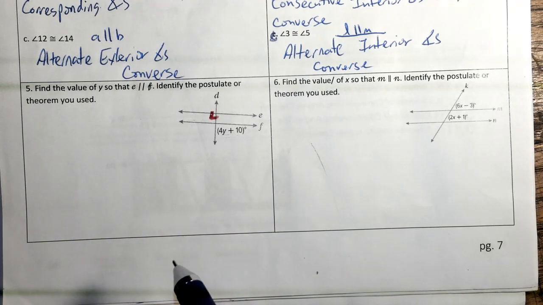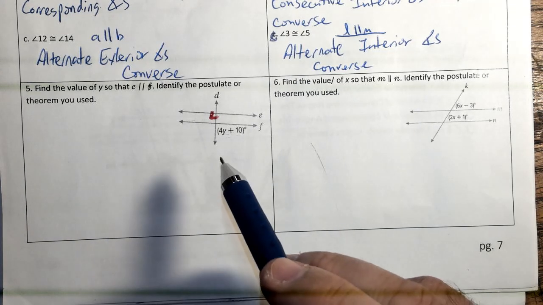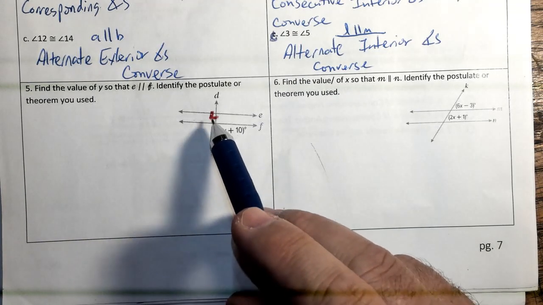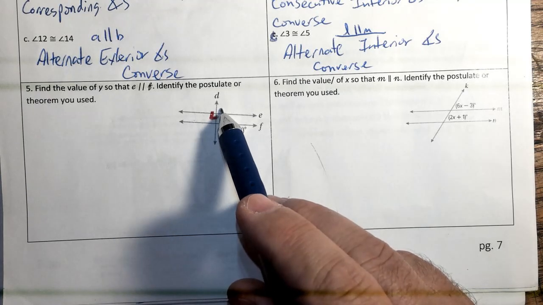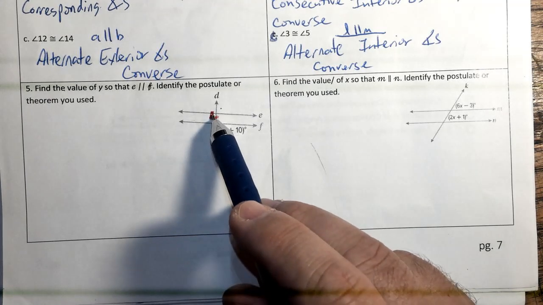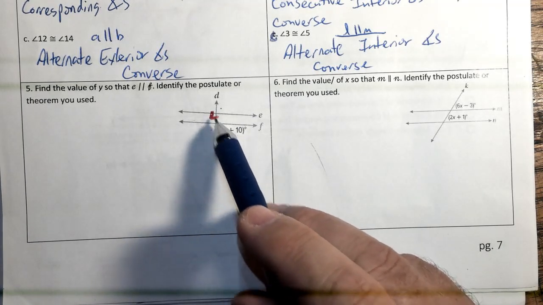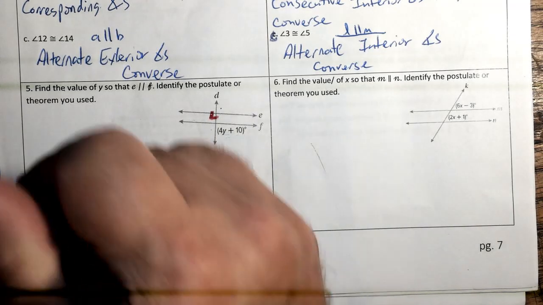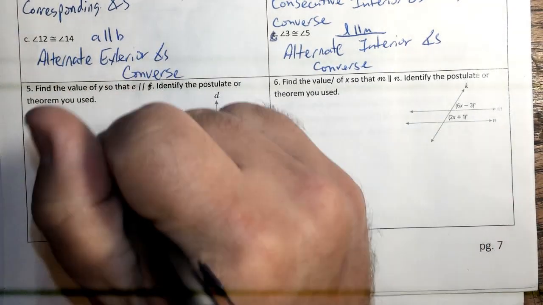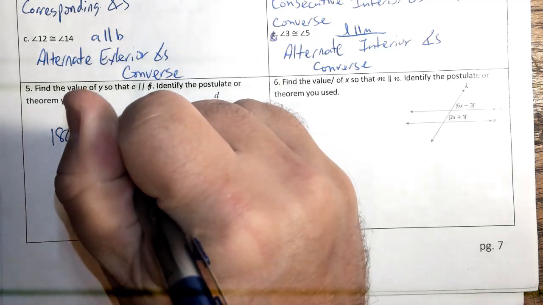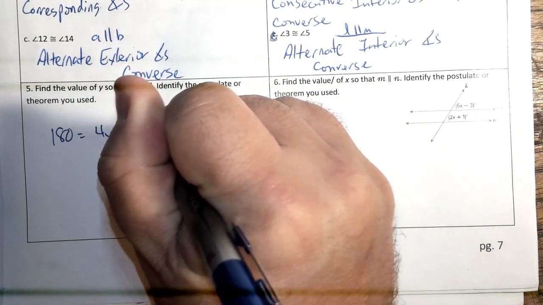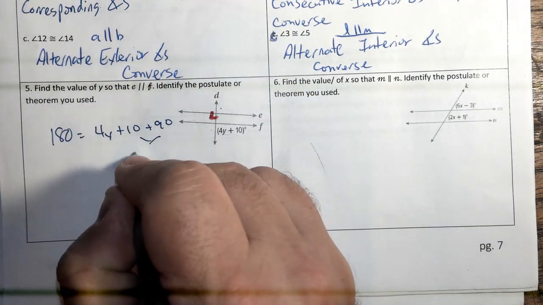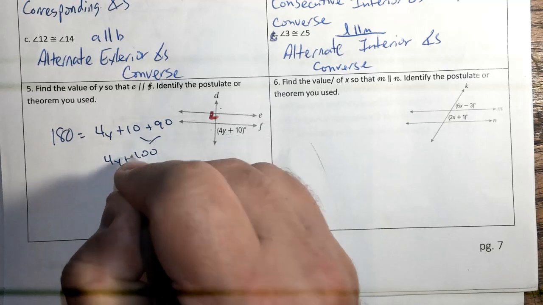As a matter of fact, I don't know that I have the theorem. But I know that this would be congruent to this. And the corresponding angle of this, these two are going to equal 180. So we're going to say 180 equals 4y plus 10 plus 90. So 90 and 10 make 100. 4y.